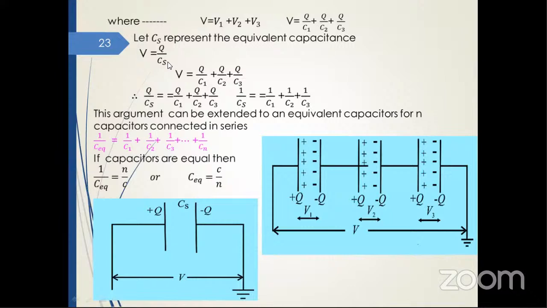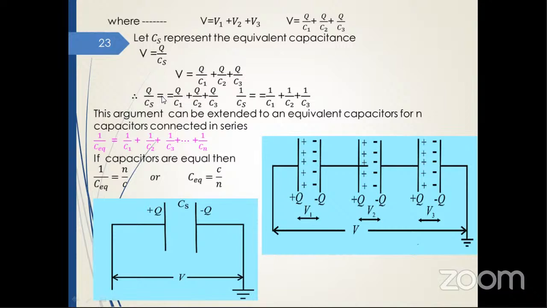Therefore, Q divided by CS is equal to Q by C1 plus Q by C2 plus Q by C3. Therefore, 1 upon CS is equal to 1 upon C1 plus 1 upon C2 plus 1 upon C3.